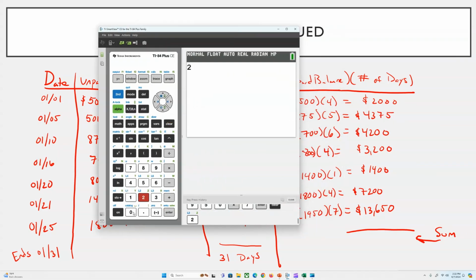I'm going to take 2,000 plus 4,375 plus 4,200 plus 3,200 plus 1,400 plus 7,200 plus 13,650. And I'm going to get $36,025.